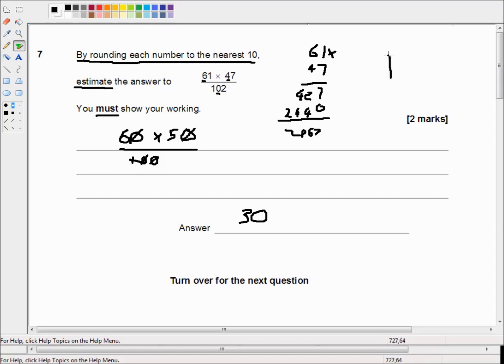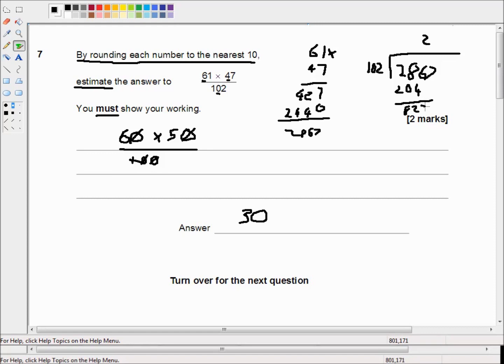And even if you'd have gone ahead and done something that would have really been quite impressive, especially on a foundation tier, 2867 divided by 102. I mean, this is just showing off, but 102 into 2867 is going to go twice. 2 times 102 is 204. Take that away, well the 2's cancel, so you've just got 82.